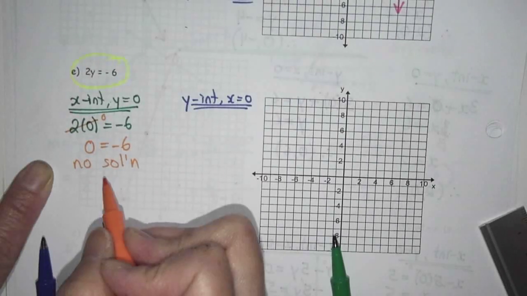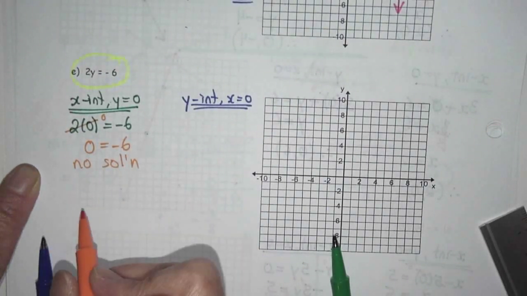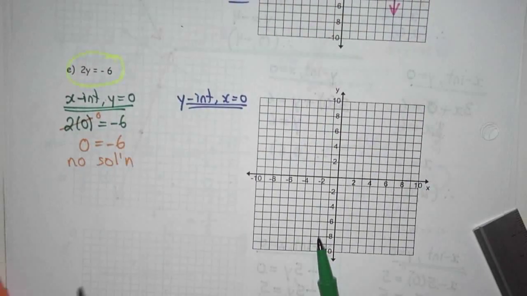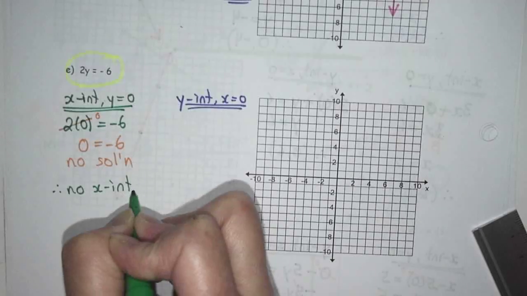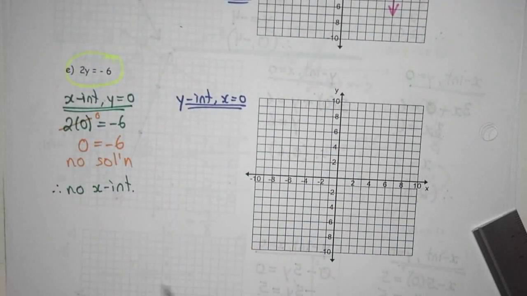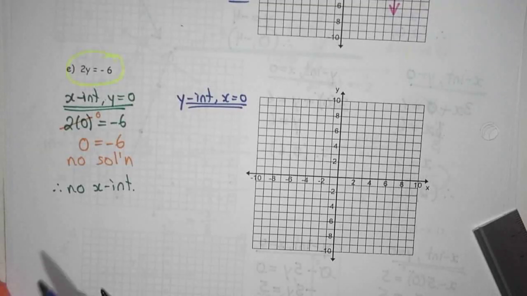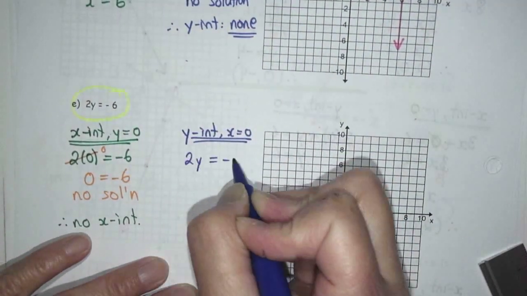So this is no solution. That's short form for solution. If you go SOLN, that's solution. No solution. And then you'd say, therefore, no x-intercept. Right? So none. Or x-intercept none. Right? So same thing. And then here, when you plug in x equals 0, you're going to go 2y equals negative 6.